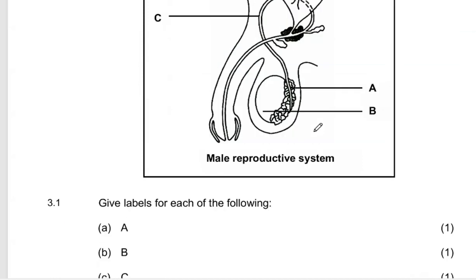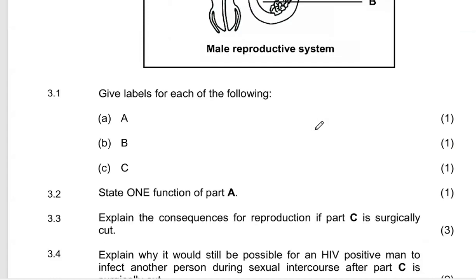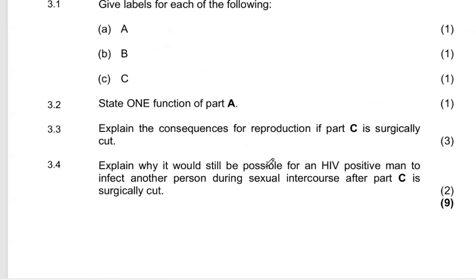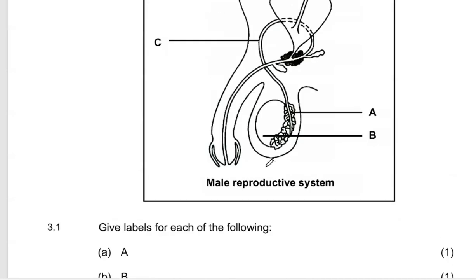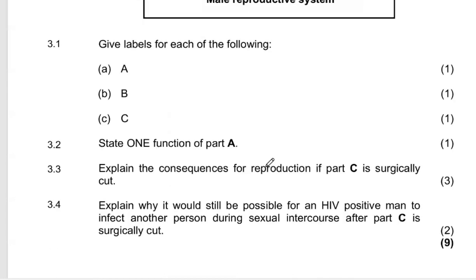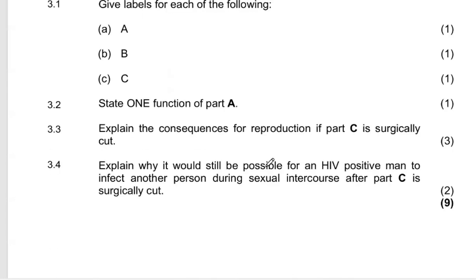State one function of part A: store sperms until they mature, allowing them to get mature. Then explain the consequence for reproduction if C is surgically cut.